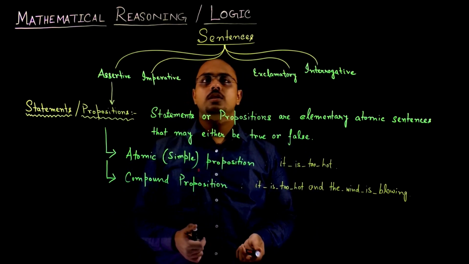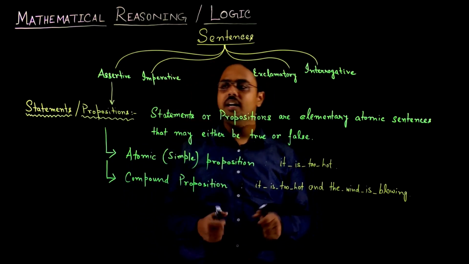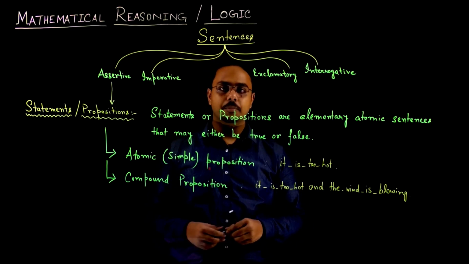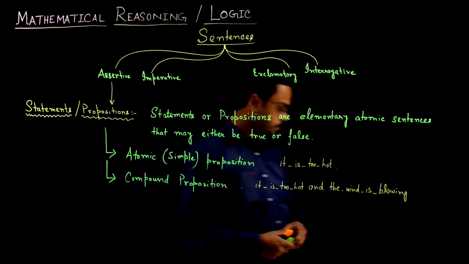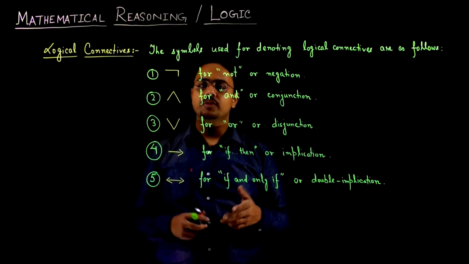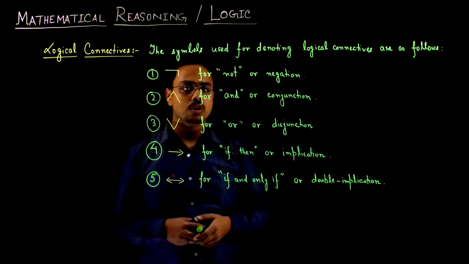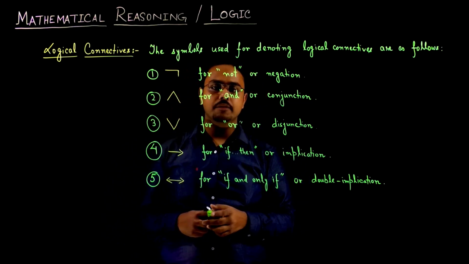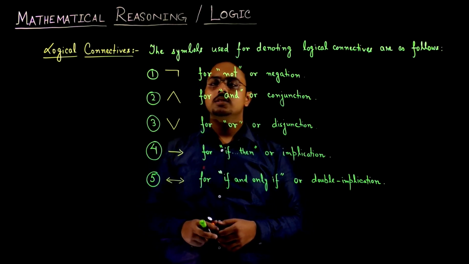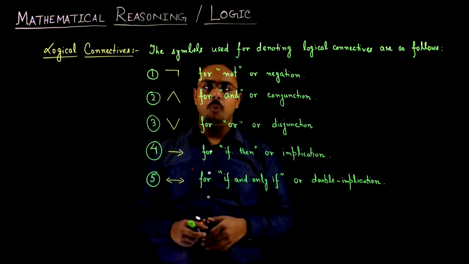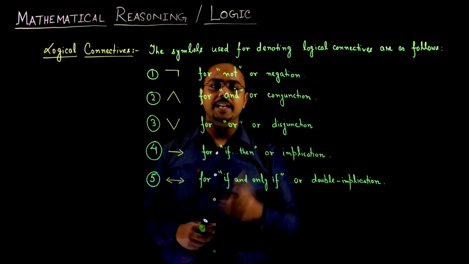Okay, so we will now move into different types of statements and different reasoning concepts by which we can start our reasoning journey. Okay, now take a note of the various logical connectives, and these are some of the symbols used to denote those logical connectives which are used to form our compound sentences. Okay, so take a note of these symbols. This symbol is used for not or negation.